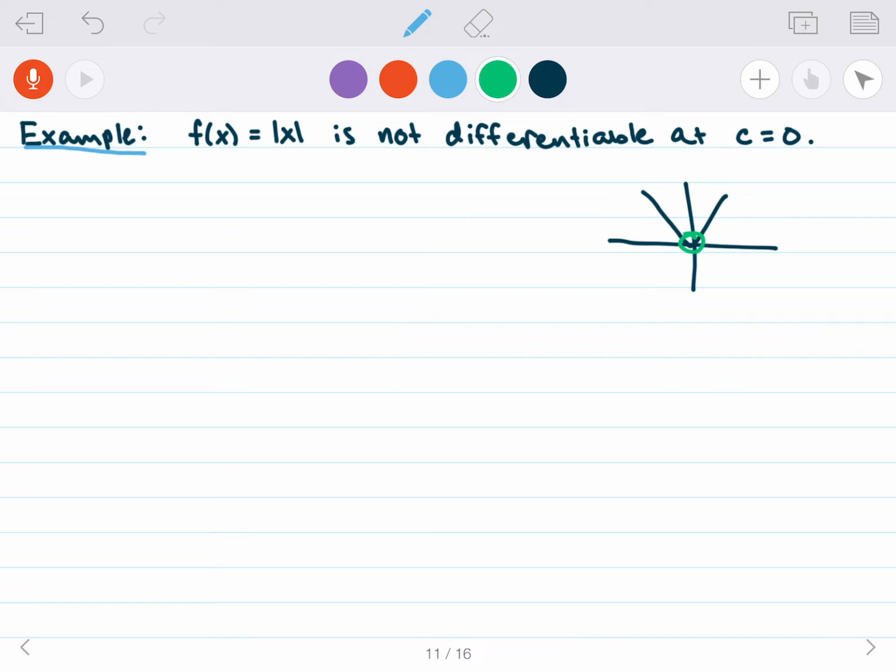What is the slope of the tangent line to this point? You can't really say because you can draw infinitely many tangent lines to that little corner. So the idea here is there's a cusp. Oh, not differentiable. That's the geometry. So let's show this algebraically.